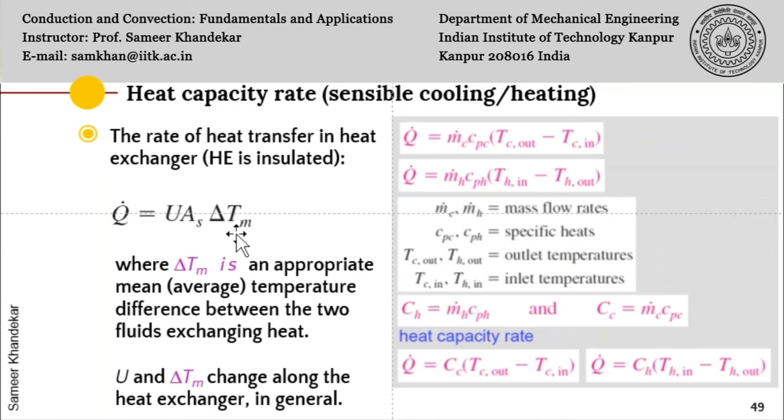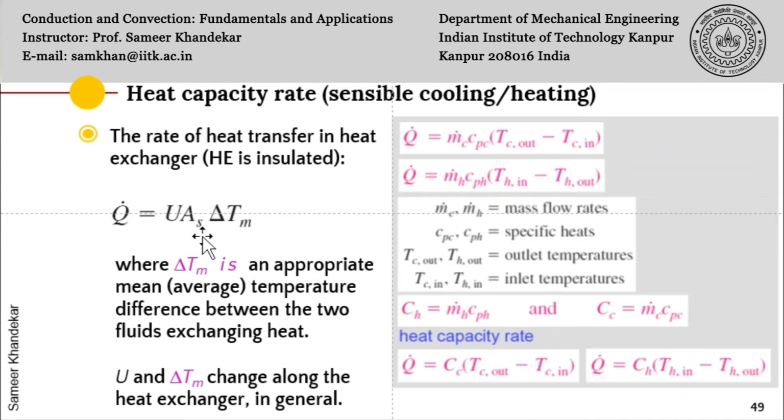Now under certain circumstances, it may not change also, which we will see soon. So in general, this U, the heat transfer coefficient, and delta Tm change along the heat exchanger. Of course, the area of heat exchange As remains constant once the heat exchanger is defined, designed or chosen.